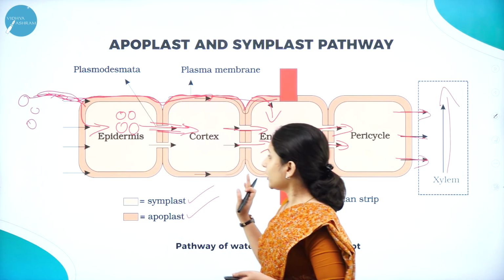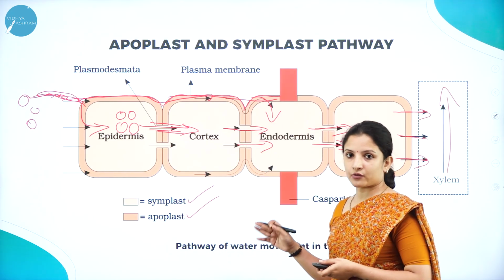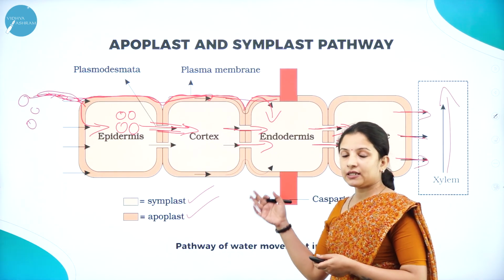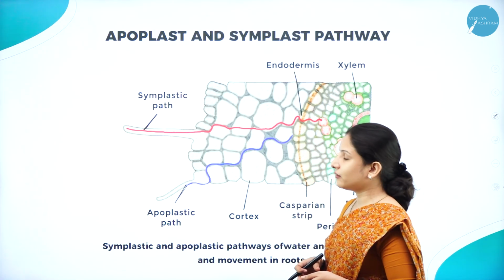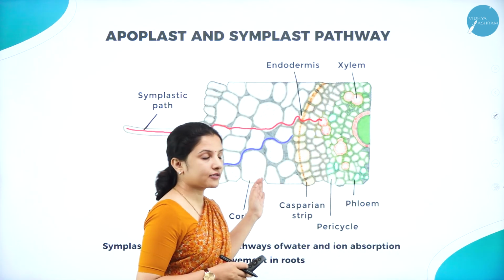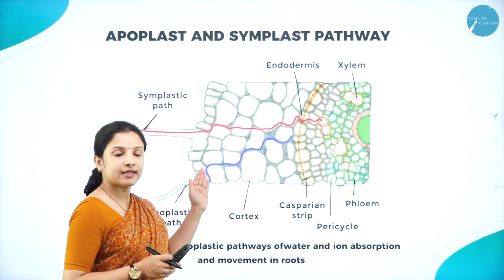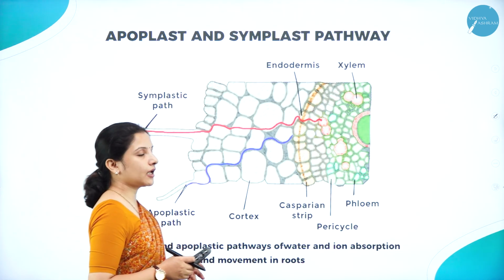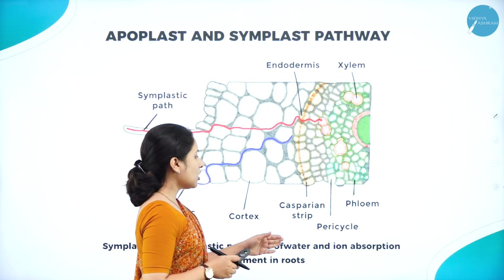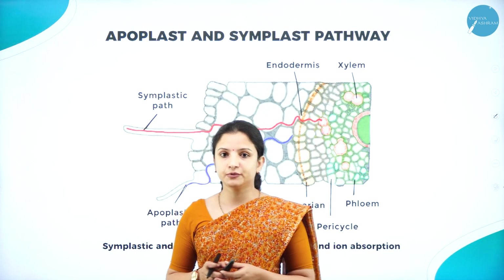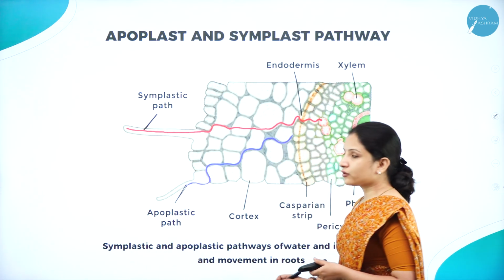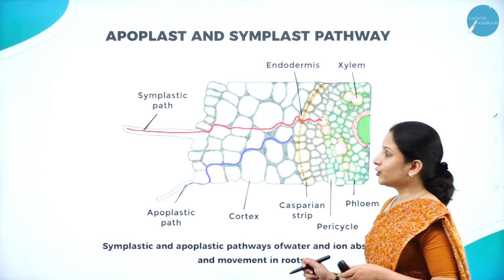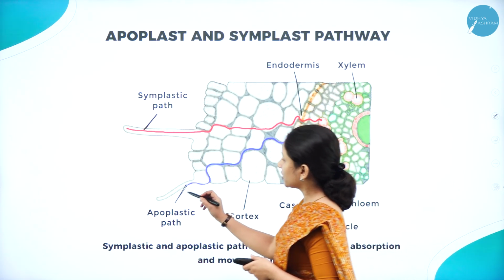So this is about the apoplast and the symplast pathway. For easy understanding, in the textbook they have given one more diagram like this, wherein they have shown the cells of the root, and the symplastic and apoplastic pathways of water and ion absorption by the root hair and the movement in the root. So here you can see the root hairs.